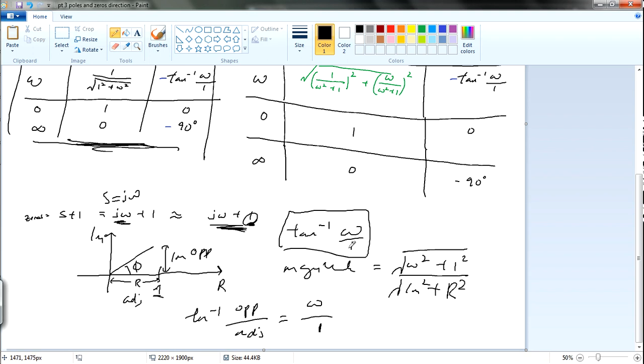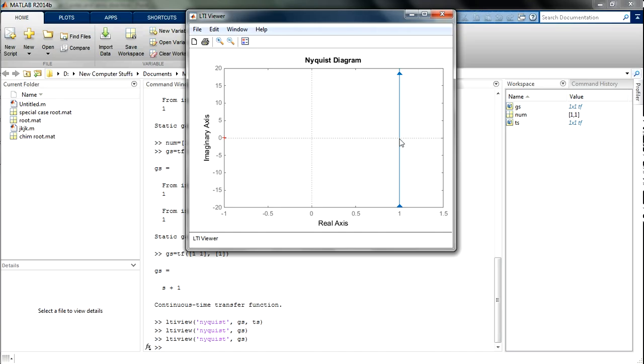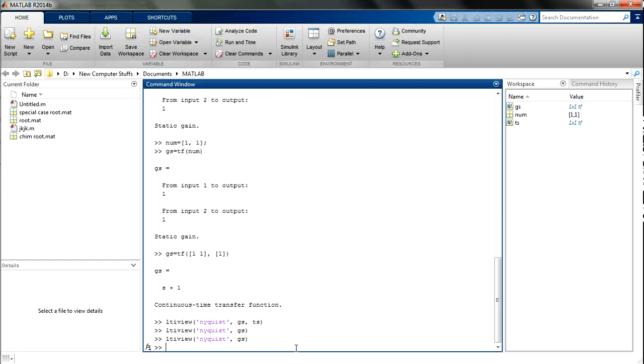If you take a look at the zeros, the Nyquist plot is this one. Interesting, right? If I compare, G of s is the zeros and T of s is the poles.